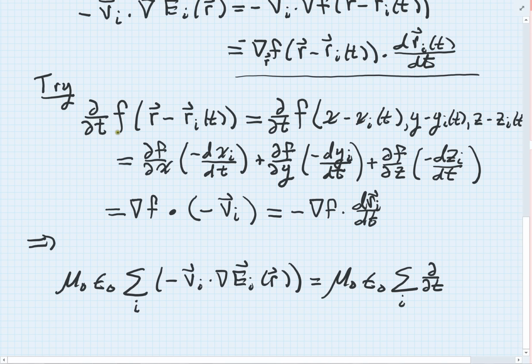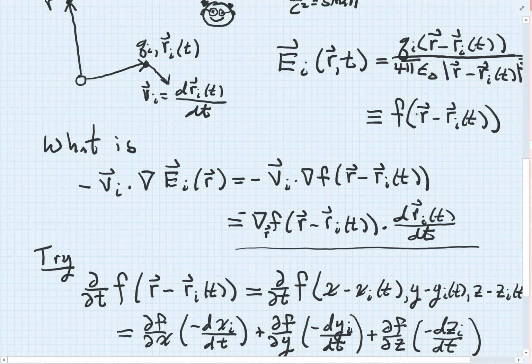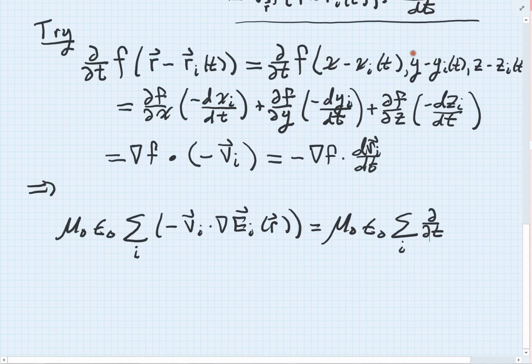It's the time derivative of f, but f, recall, was defined as the field from particle i at location r at time t. So that's d by dt of Ei of r and t.